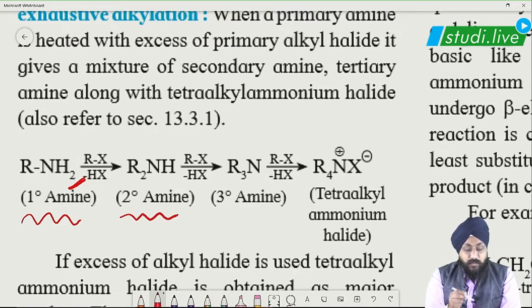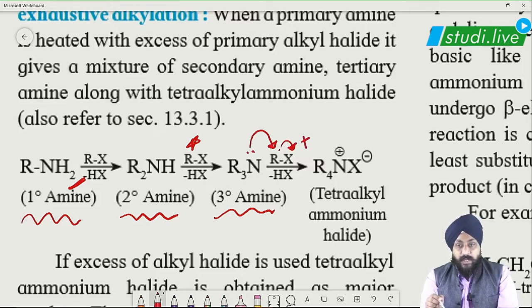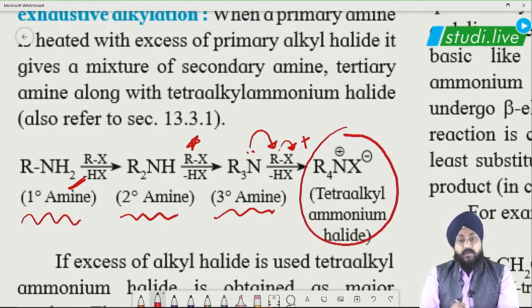So you get secondary amine. Secondary amine again, when reacted with alkyl halide, will give you tertiary amine, and tertiary amine when reacted with this is going to form R4N plus X minus, students, that is your tetra alkyl ammonium halide.